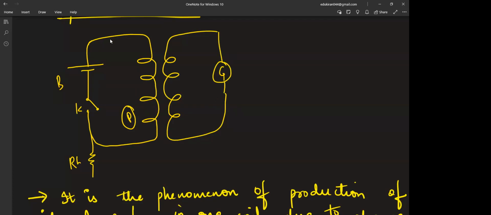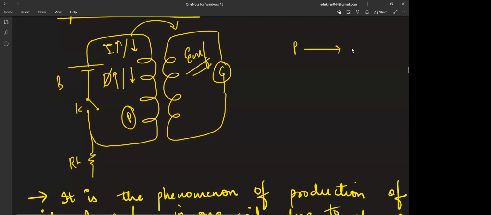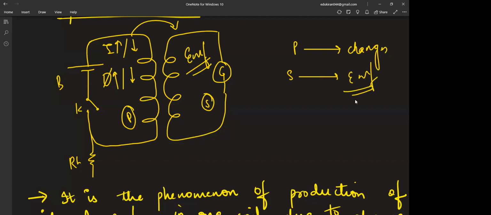Now see, if current increases or decreases, what will happen? Magnetic field will increase or decrease, flux will increase or decrease. So ultimately an EMF will be generated in this coil. So changes are occurring in the primary, this is the secondary, and in the secondary you are able to see the induced EMF being generated.